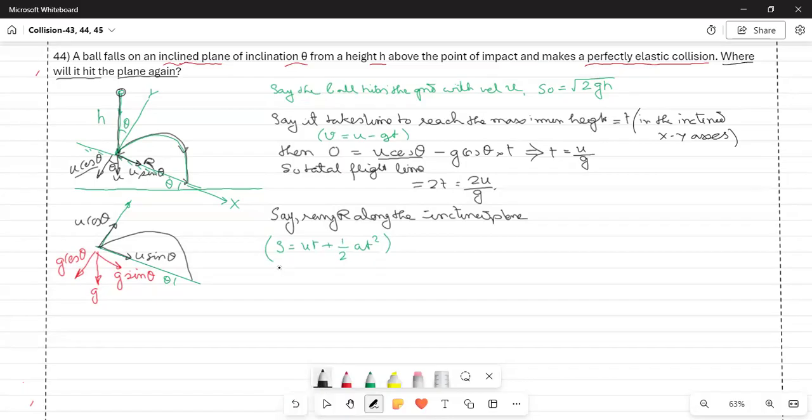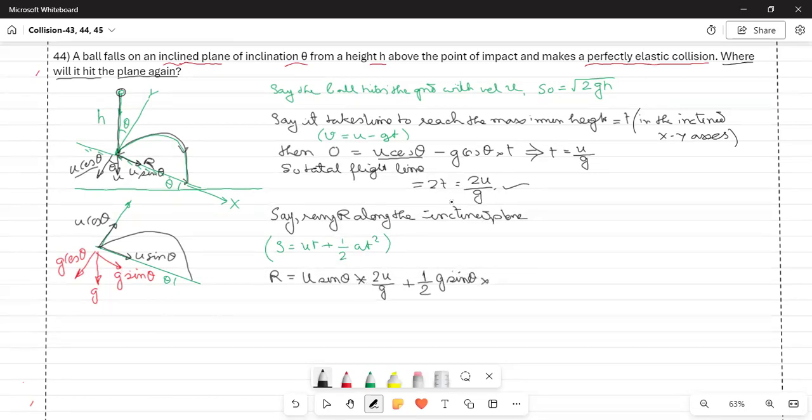So remembering this formula, we can write R is equal to u, the initial velocity along the direction of motion, which now is u sin theta, multiplied by t, which is 2u by g, plus half the acceleration in the direction of motion, g sin theta, multiplied by t square.